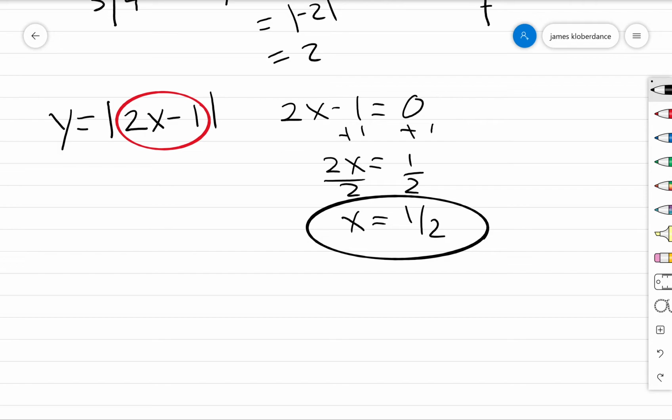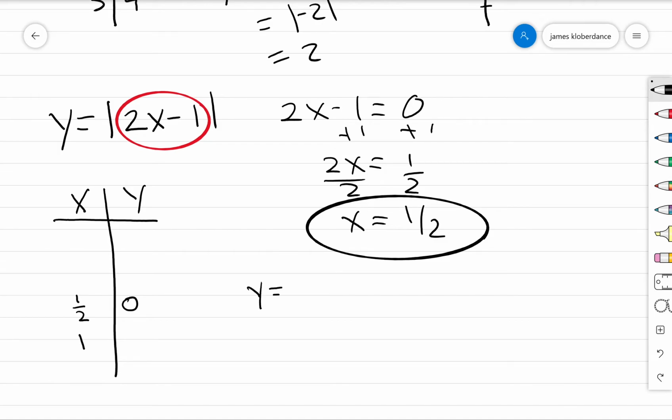So let's see how this develops. So again, I'm just going to make a table. So at 1/2, I'll put 1/2 right here. So at 1/2, we're going to get 0. So 2 times 1/2 is 1. 1 minus 1 is 0, so 0. Let's see what happens when I put in 1.